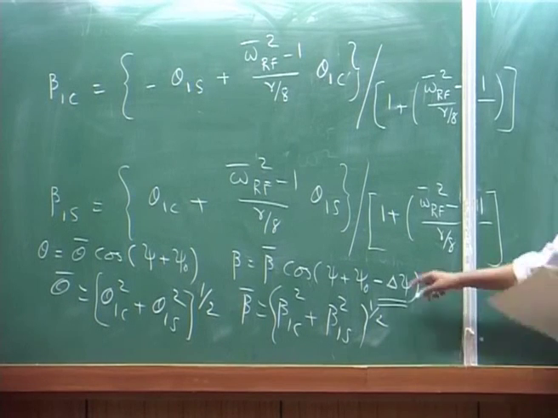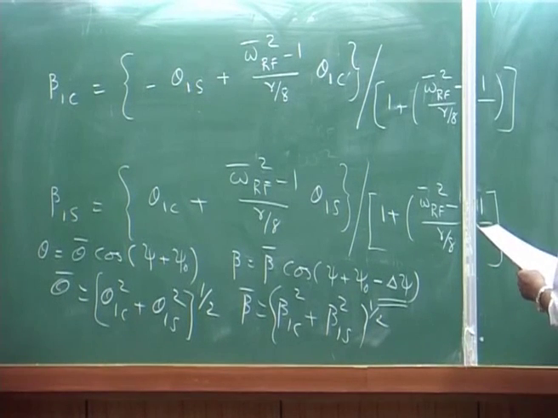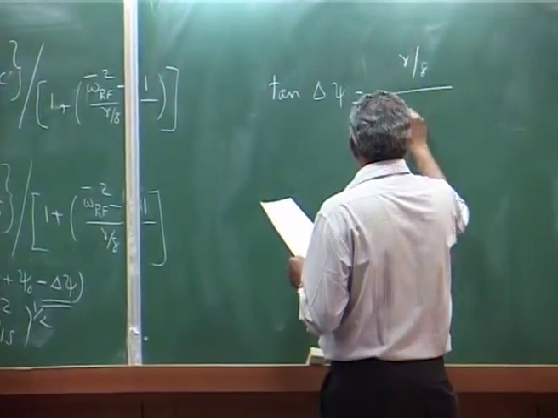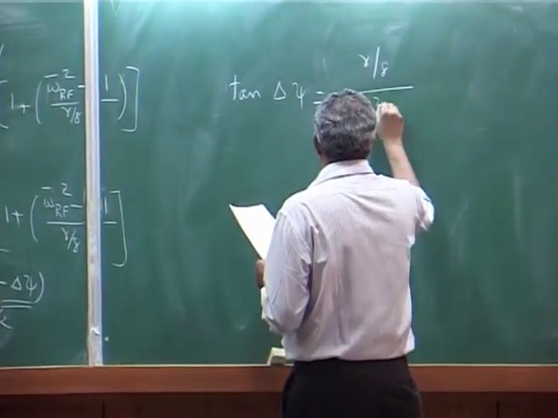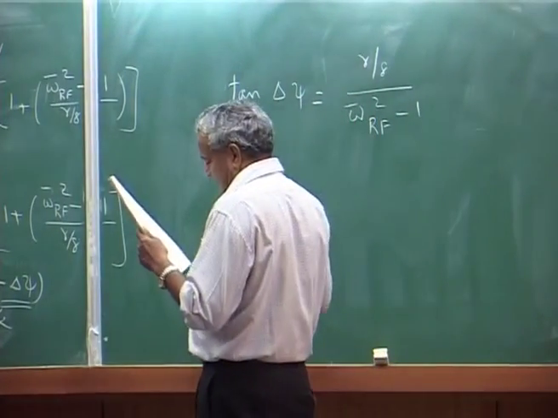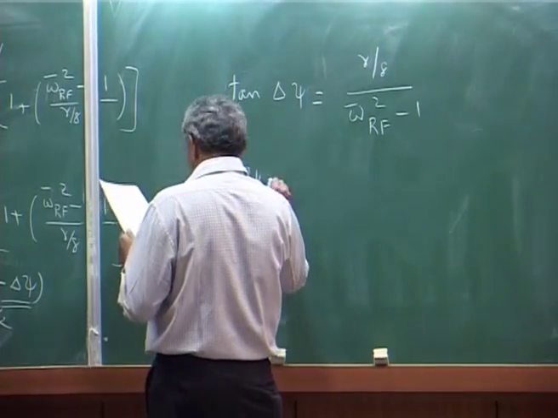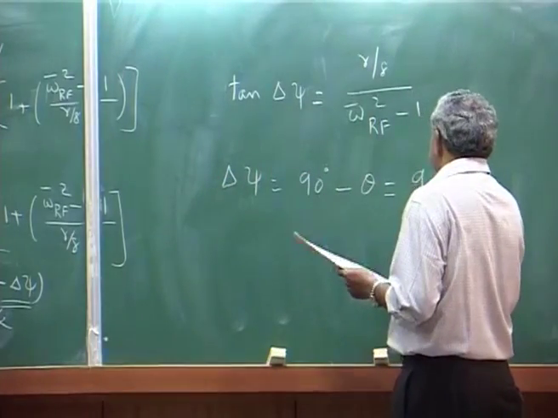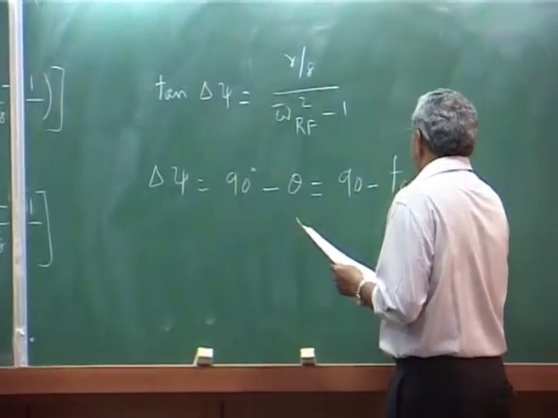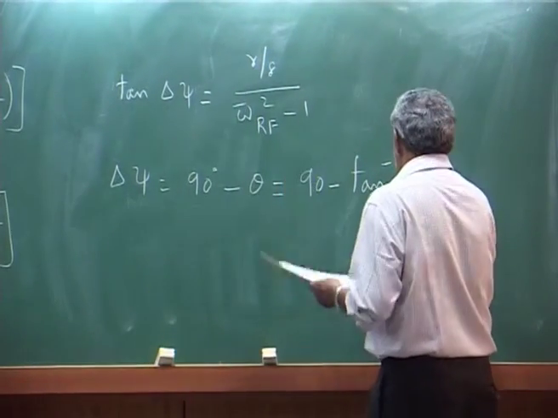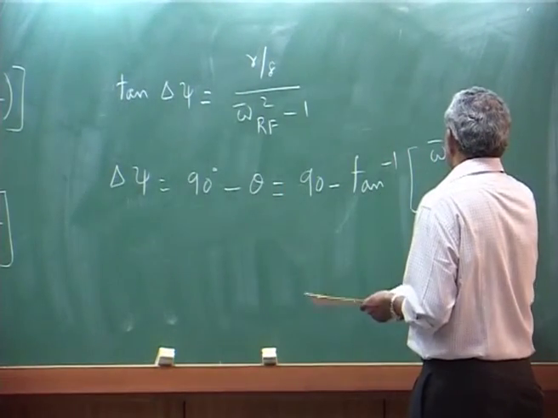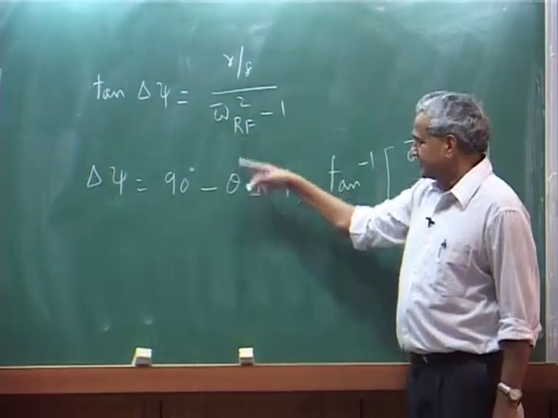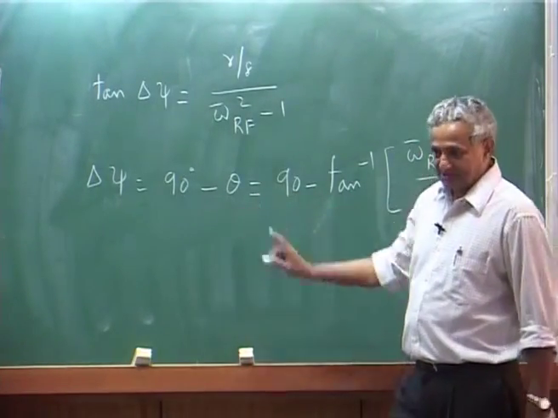Now, the phase is actually tan delta psi is gamma over 8 minus 1, and this can also be written as delta psi is 90 degrees minus theta, which is 90 minus tan inverse minus 1 over gamma, because you just put 90 minus, okay.